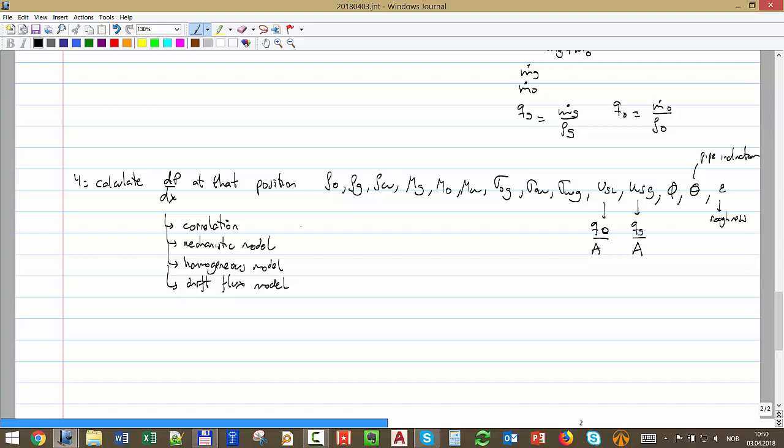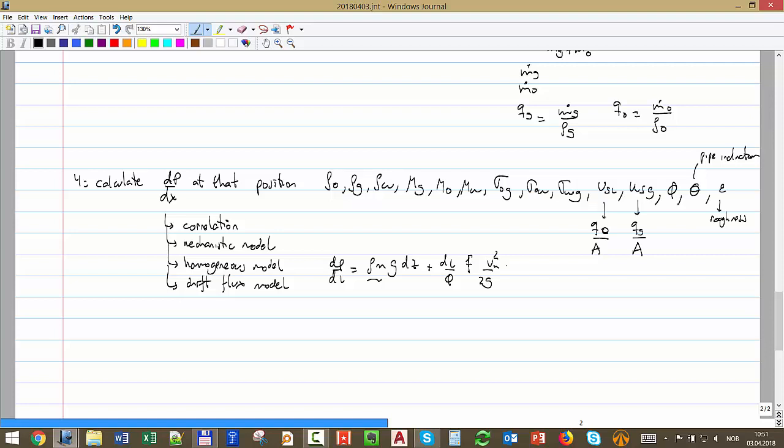Okay, where I just assume that the delta P is basically similar to the delta P in a single-phase pipe. I need here D, the diameter. Okay, where I basically try to approximate that mixture with a density of the mixture, and also a velocity of the mixture, and a friction factor of the mixture.